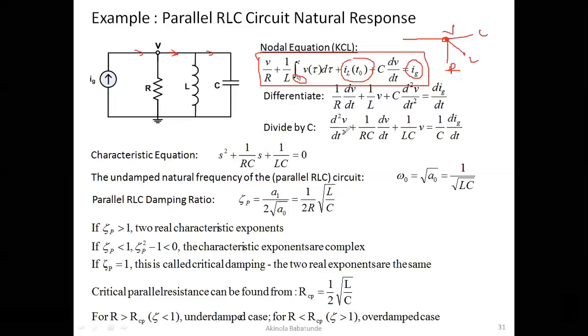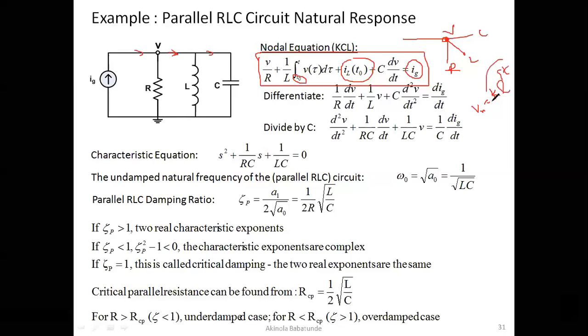Again, if you want to find the characteristic equation or homogeneous equation, you can say let the natural response Vn be equal to k e^(st).